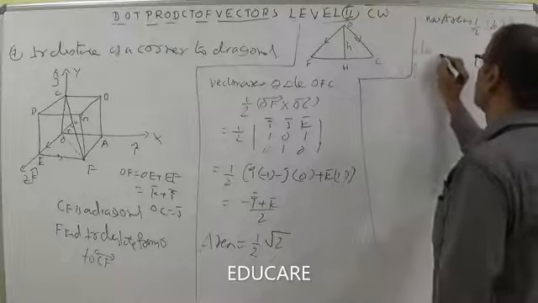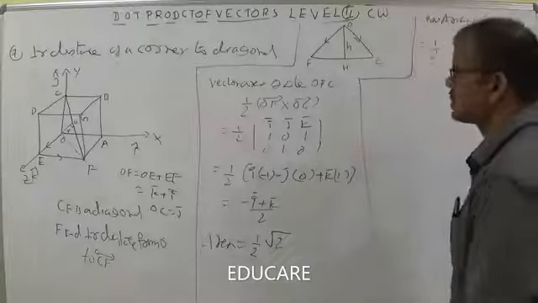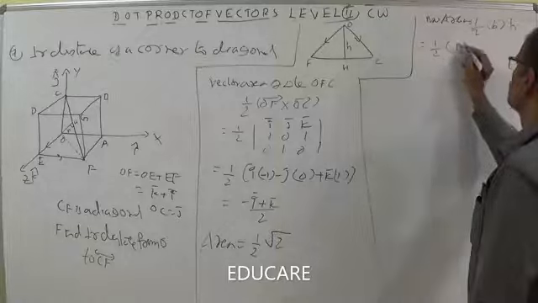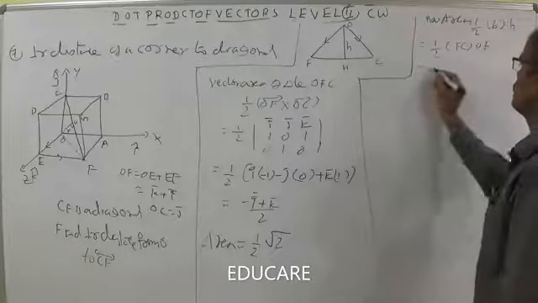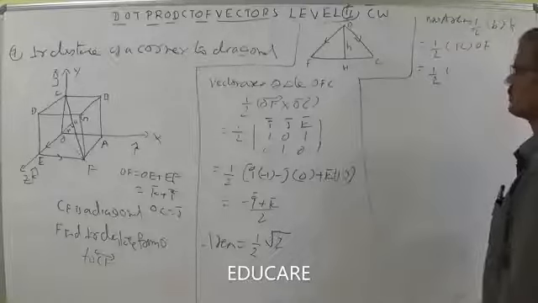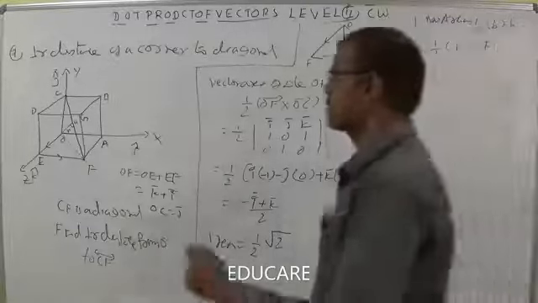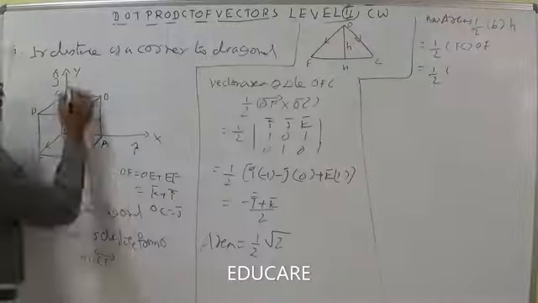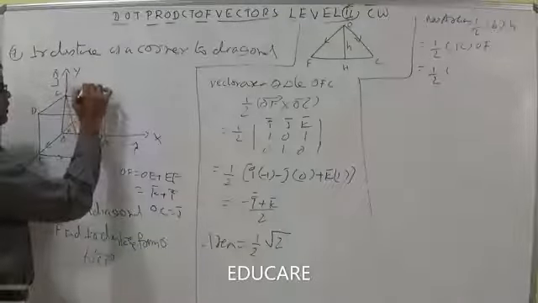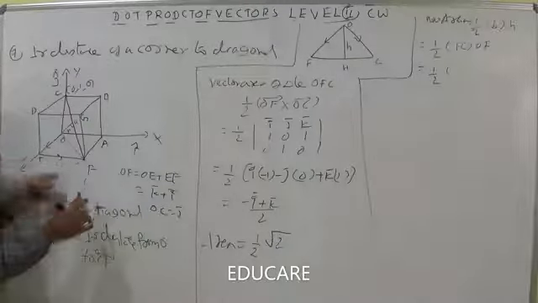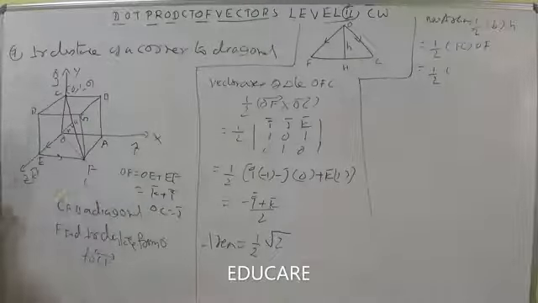So that is equal to half into, what is the base here? FC. FC into, what is the height? OH. That is equal to 1 by 2 into FC, meaning the distance between F and C. Here you can write the components: C is 0, 1, 0, and F is the point that lies on the XZ plane.